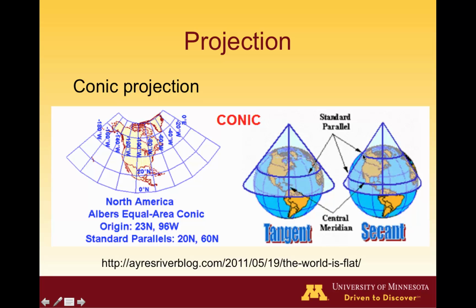The purpose of using secant projection is that within this area, you have much less distortion when you project it on the surface of the cone.